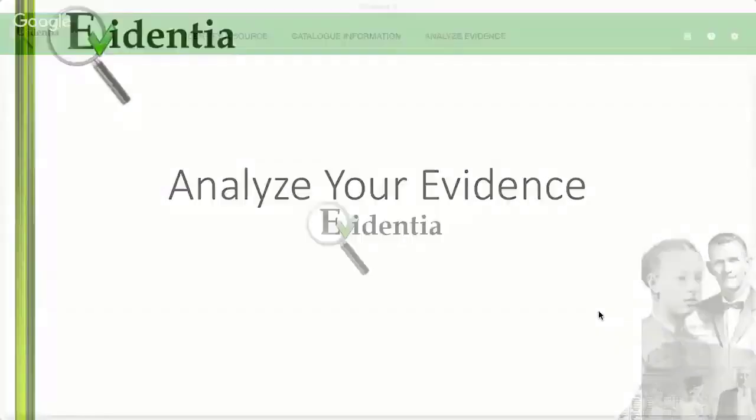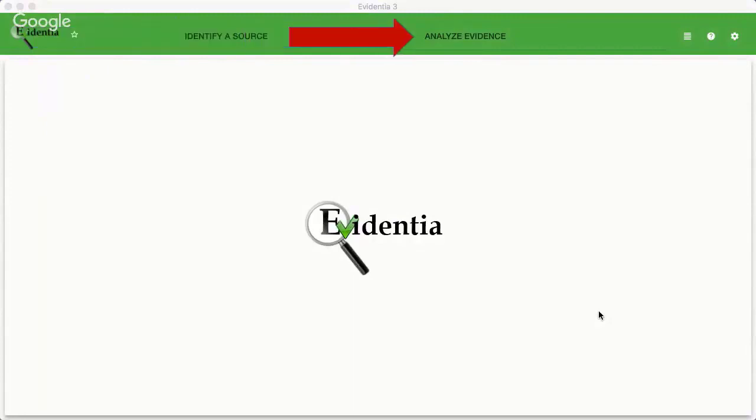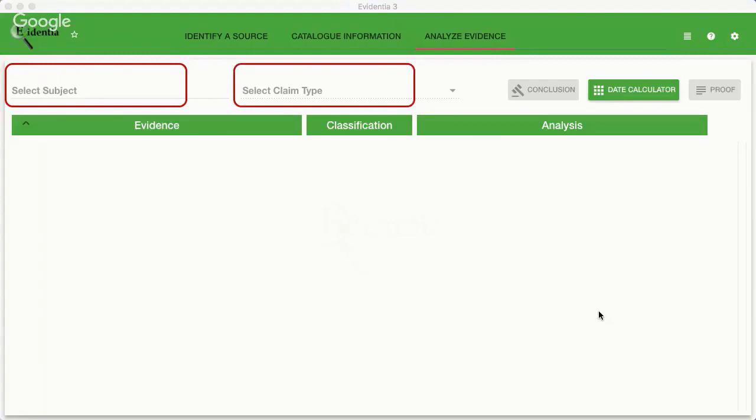Okay, so let's talk about analyzing your evidence. So again, I want to pick the third tab from the main screen or from whatever screen I'm on, and it'll give me the Analyze Evidence screen. Now to analyze evidence, I'm going to do two things. I'm going to select a subject and select a claim type.